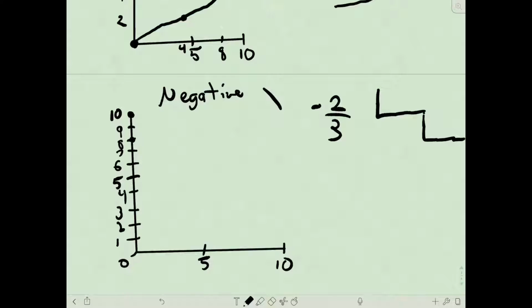So it's going to go down 2 over 3. So right here we'd be at 3. That's not drawn so well. There we go. Down 2, so the 6, and over 3 would be over here. So that would be 6, 6.